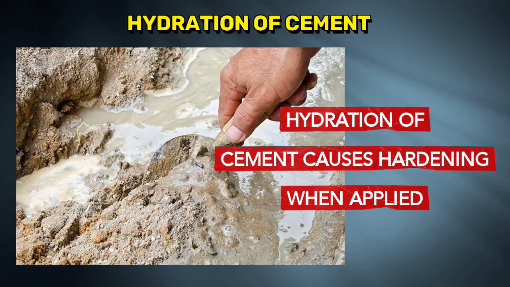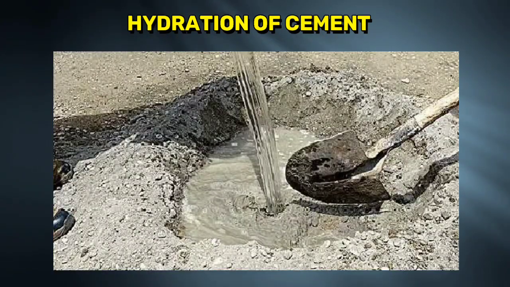These chemical reactions with water are what we term hydration. Each one of these reactions occurs at a different time and rate once the cement is mixed with water. Together, the results of these reactions determine how Portland cement hardens and gains strength.